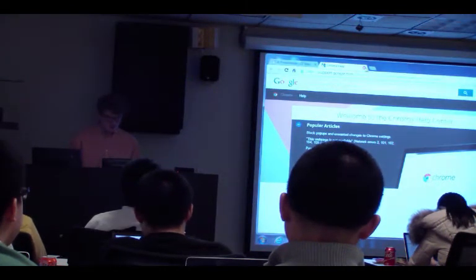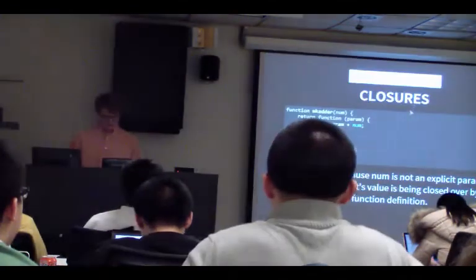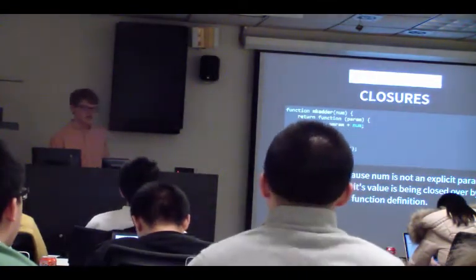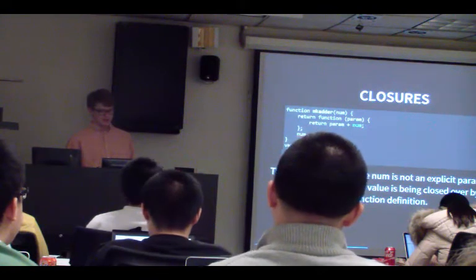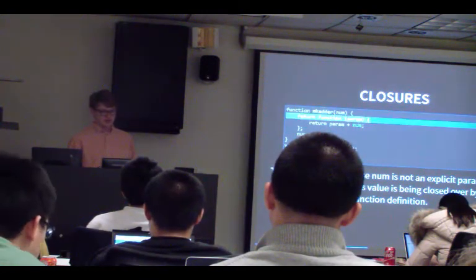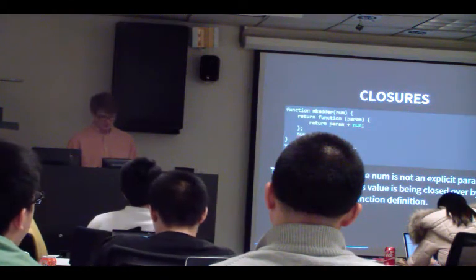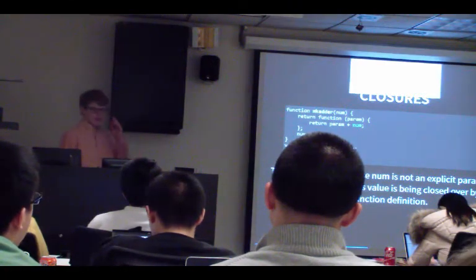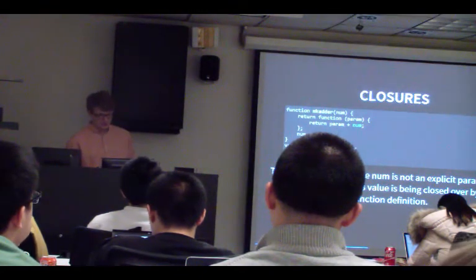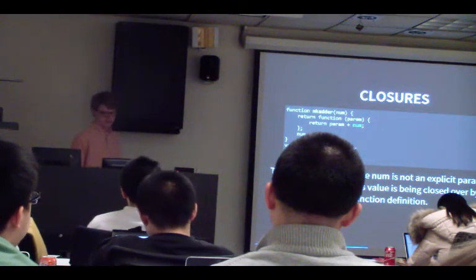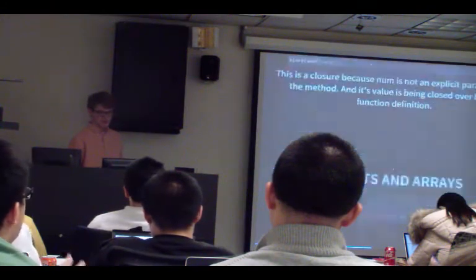Yeah, so the value will still be 5, even if you redefine it later. So I'll re-execute that. You can see it's still 5 even if you reassign num here. So that's closures, and that's one of the really cool things about JavaScript that people like a lot.